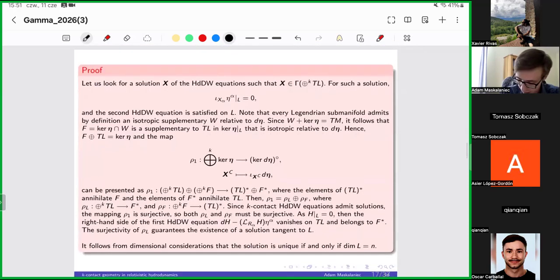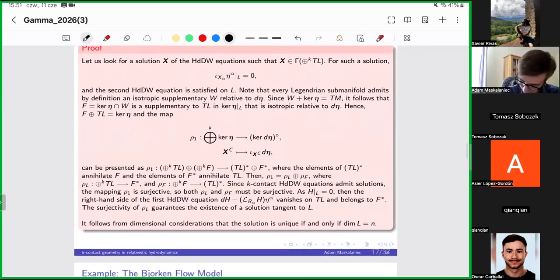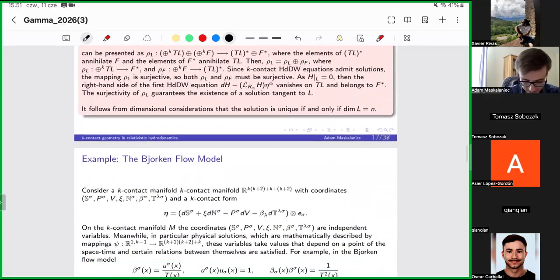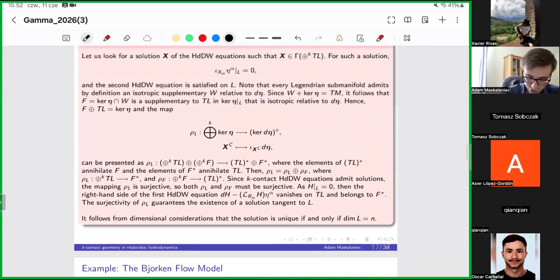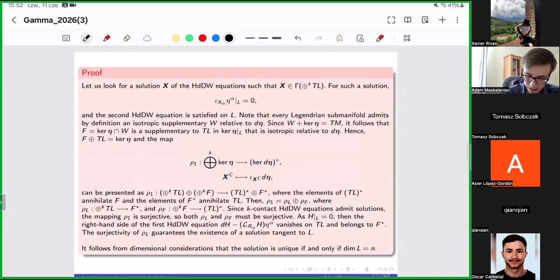Okay, maybe I will skip this proof because I wouldn't like to extend our seminar for too long. So now I will move to this example. We managed to prove this theorem by an analysis of these bundle maps on the level of tangent spaces.